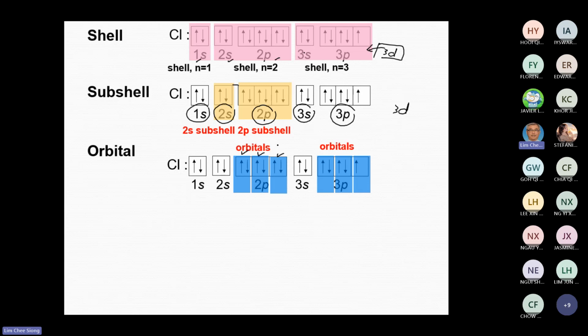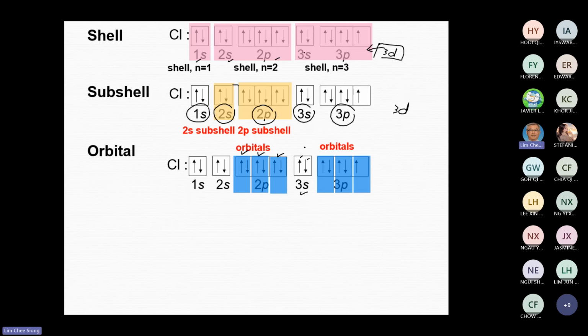So this one we call orbital. 3s we also call a shell. Seldom do we use subshell because it's a single. And okay, we can also call it a 3s orbital, because it qualifies as a box that holds two electrons.